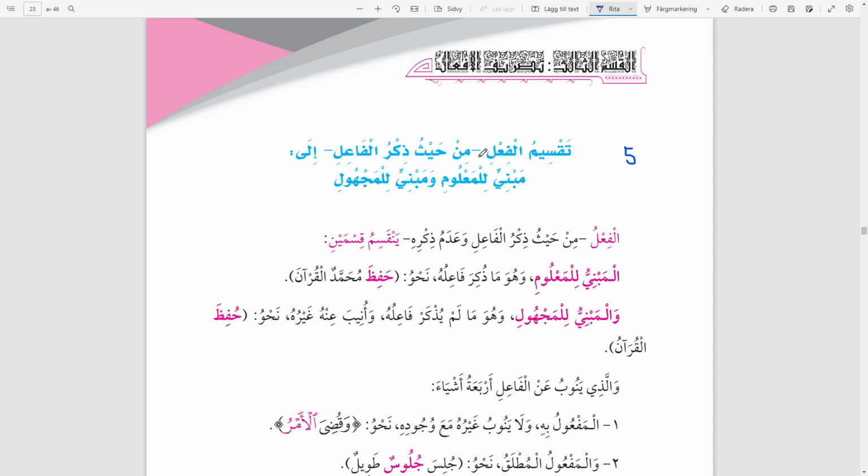Categorizing the verb with regards to mentioning the actor or not, to مبني للمعلوم and مبني للمجهول. So I briefly explained this in the summary at the top. So let's just get into it. He says exactly من حيث ذكر الفاعل وعدم ذكره. So with regards to mentioning the actor and not mentioning it or him, it's split up into 2 categories.